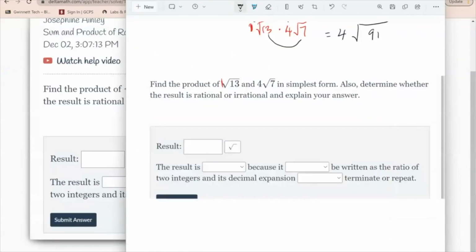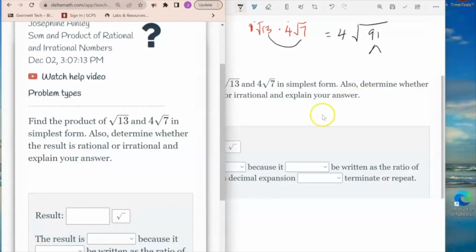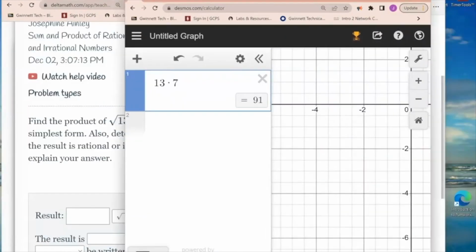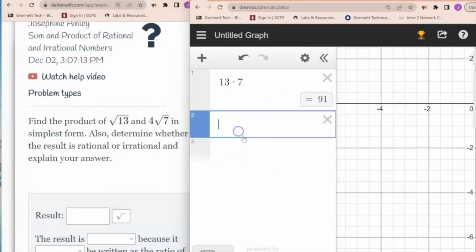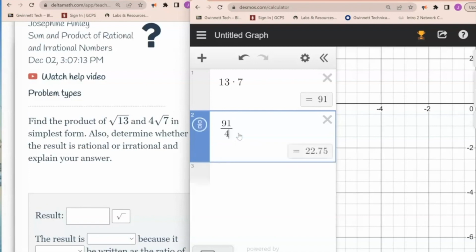All right, can I simplify 91? So I'm going to check 2, 3, just prime numbers, right? So 91 divided by 2 doesn't work. 91 divided by 3 doesn't work. 4, sorry, we don't need to check 4. 5 doesn't work. 7 works.